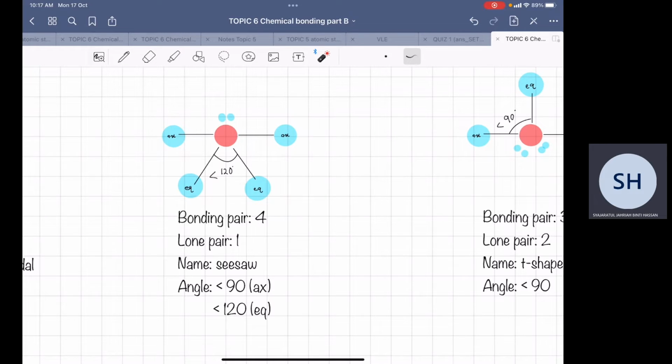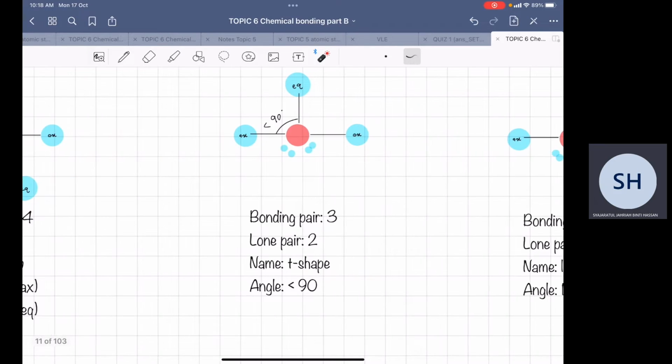Bila kita draw, kita ada 2 axial macam ni, dan kita ada 2 equatorial. Kat sini kita punya lone pair. So kita ada 4 bonding pair and 1 lone pair. When we arrange, the shape will become something like seesaw, jongkang-jongkit. So here the bond angles are less than 90 and less than 120.